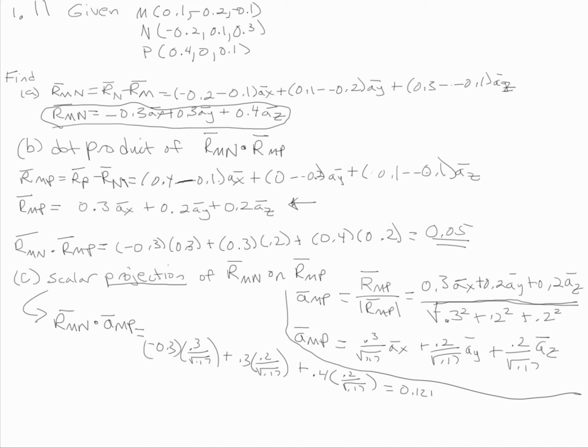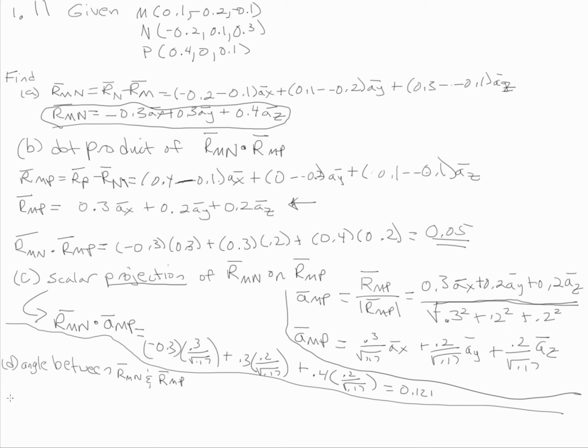All right, and then in part D, what they want to know is the angle between the two vectors R_MN and R_MP.